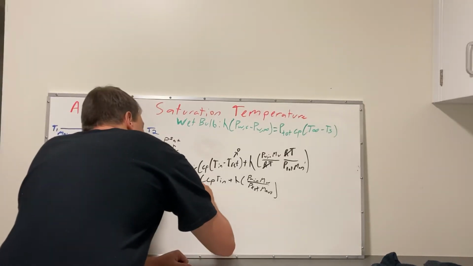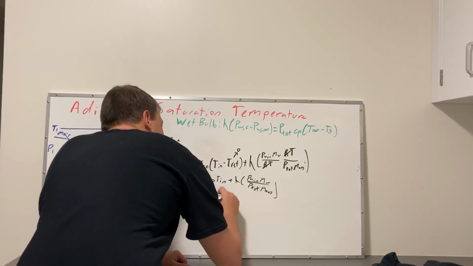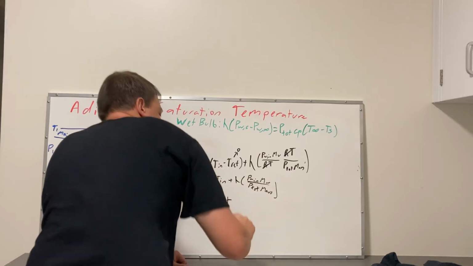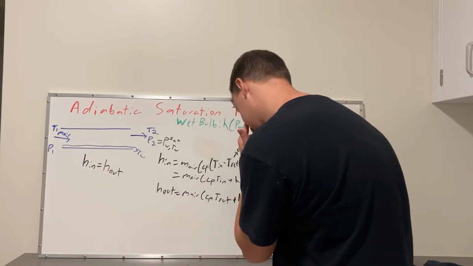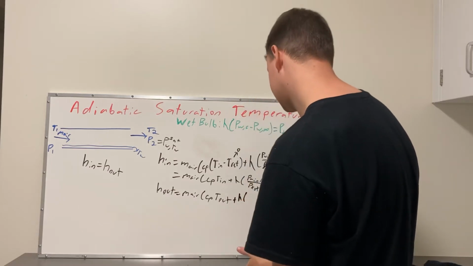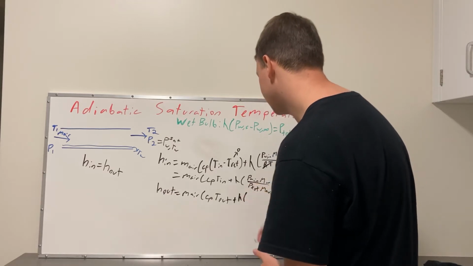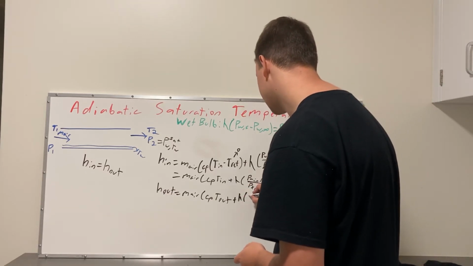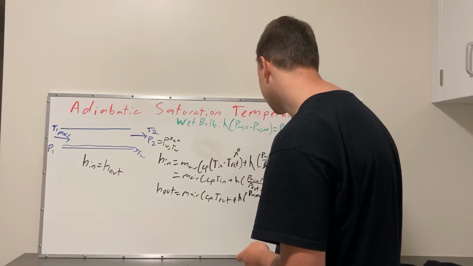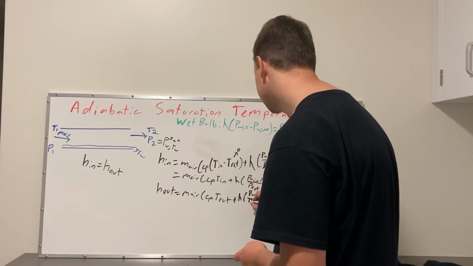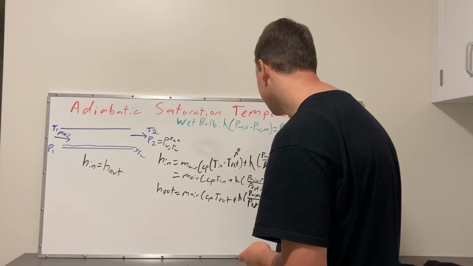So you have the mass flow rate of the air times the heat capacity times the temperature out, plus the heat of vaporization times, this time, the pressure of the water out times the molecular weight of water times the total pressure, divided by the total pressure times the average molecular weight.